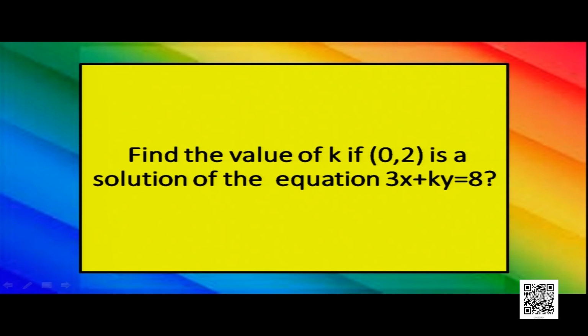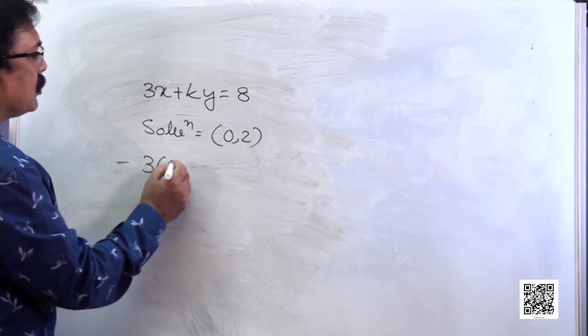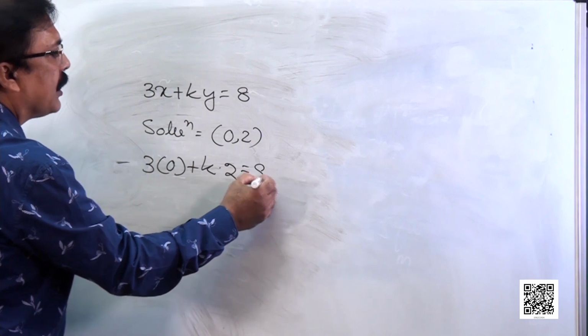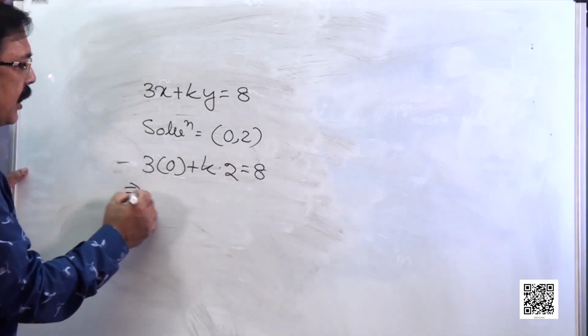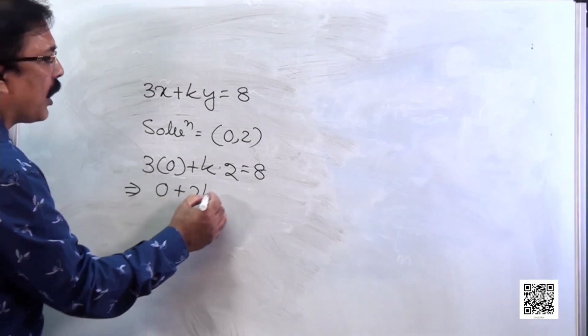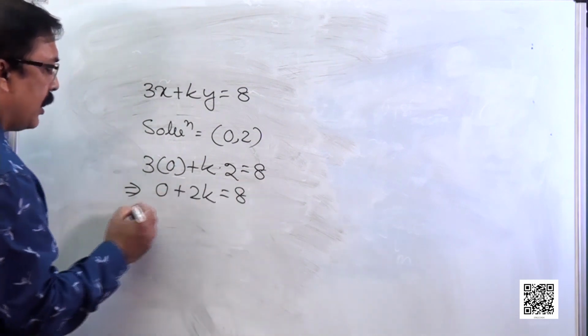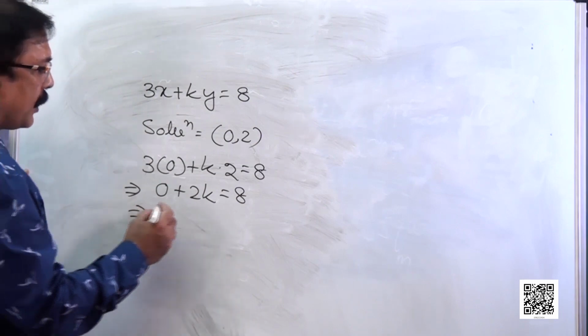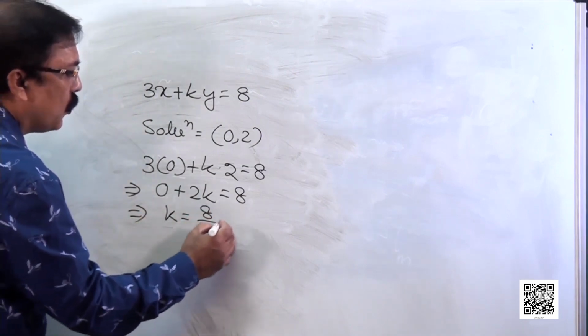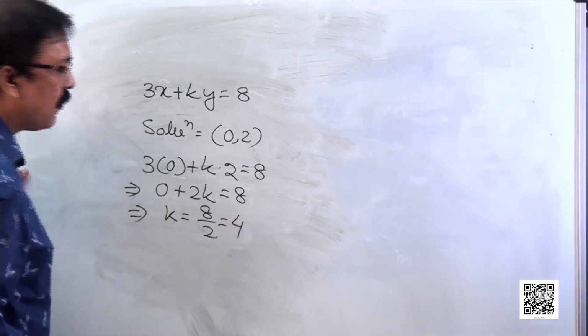So here we can put 3 into 0 plus k into 2, that is 8. This gives 0 plus 2k is equal to 8, and k is equal to 8 by 2, that is 4.